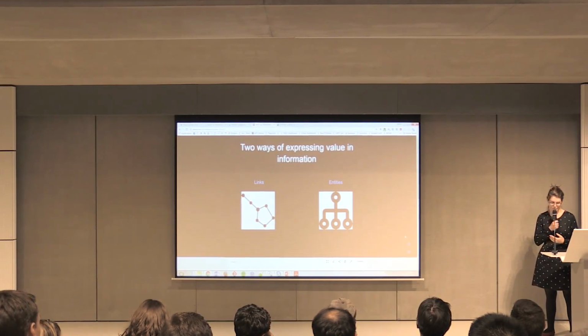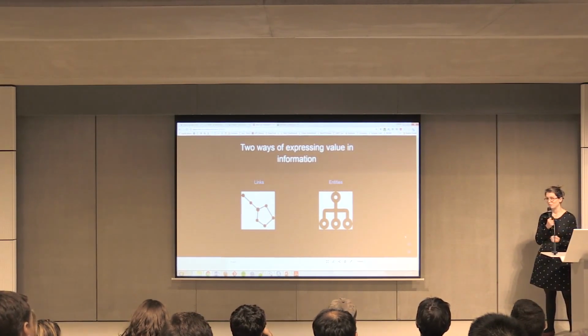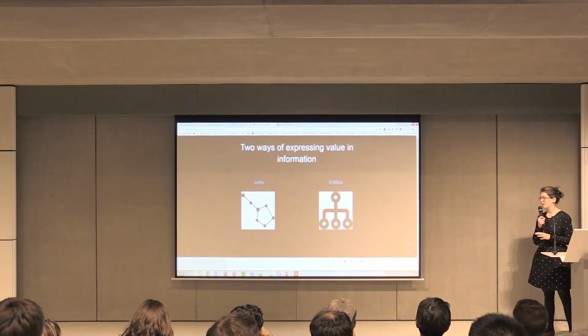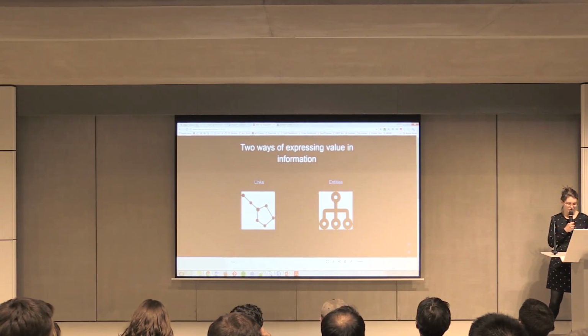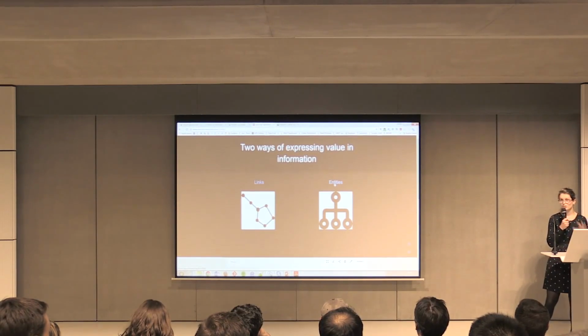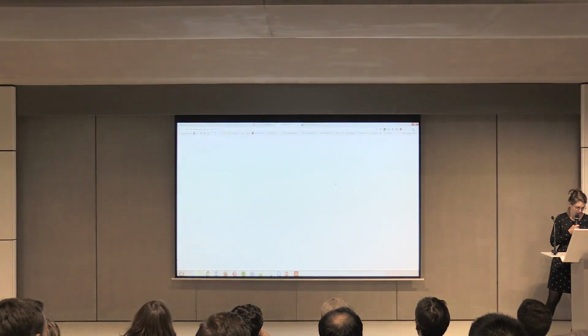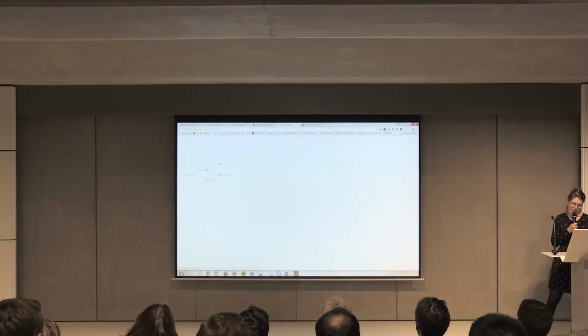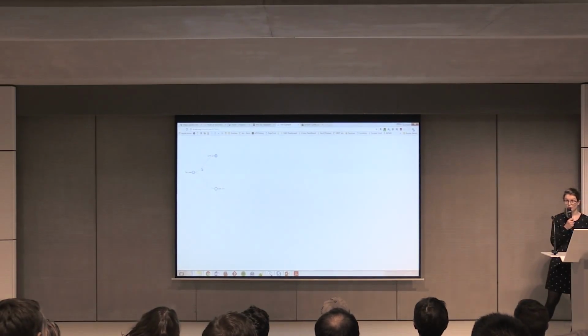For us, the currency is not the same. For library metadata, the currency is the entity, and it is its capacity to fold and unfold several levels of information into the entity. So I try to show you that. This is a visualization of a tree graph, and you see that if I click on one entity, it's folding a level of information, and if I do that, it's completely folded.